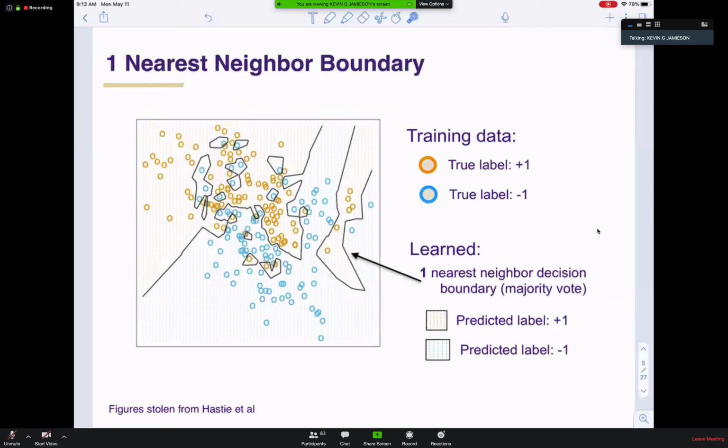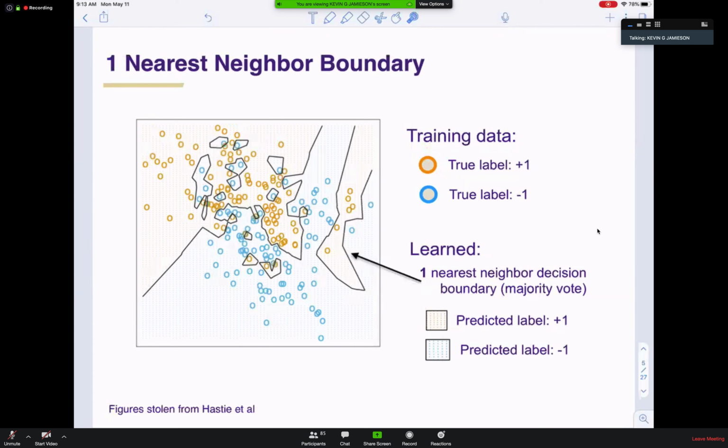Whereas the 1 nearest neighbor classifier is the alternative, where it's going to have extremely high variance, because with different draws of the data, I might see completely different decision boundaries. But the bias is extremely low for this classifier, because on average, it's really going to learn whatever data comes to it.